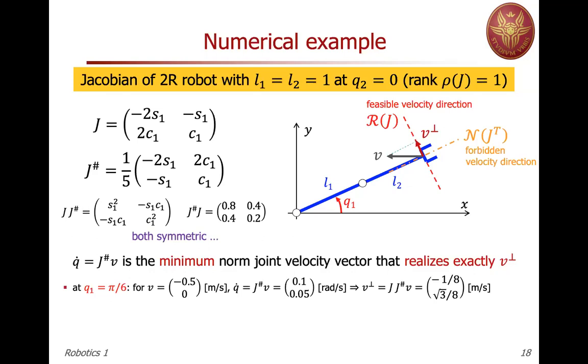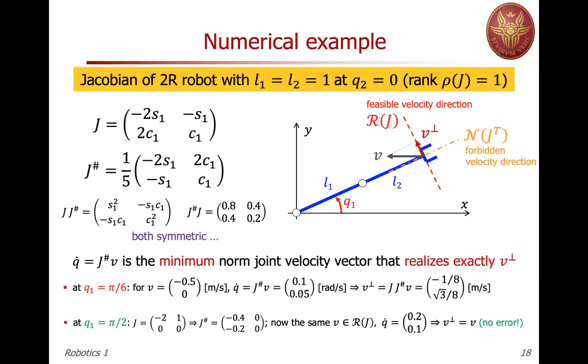And if I look at the resulting Cartesian velocity with this joint velocity that I have obtained by pseudo-inversion, so I'm multiplying J times J pseudo-inverse times V, I get some Cartesian velocity, which is vperp, and this value is minus 1 over 8, square root of 3 over 8, which is more or less the direction of the red vperp vector there. Okay, so this is what I'm getting.